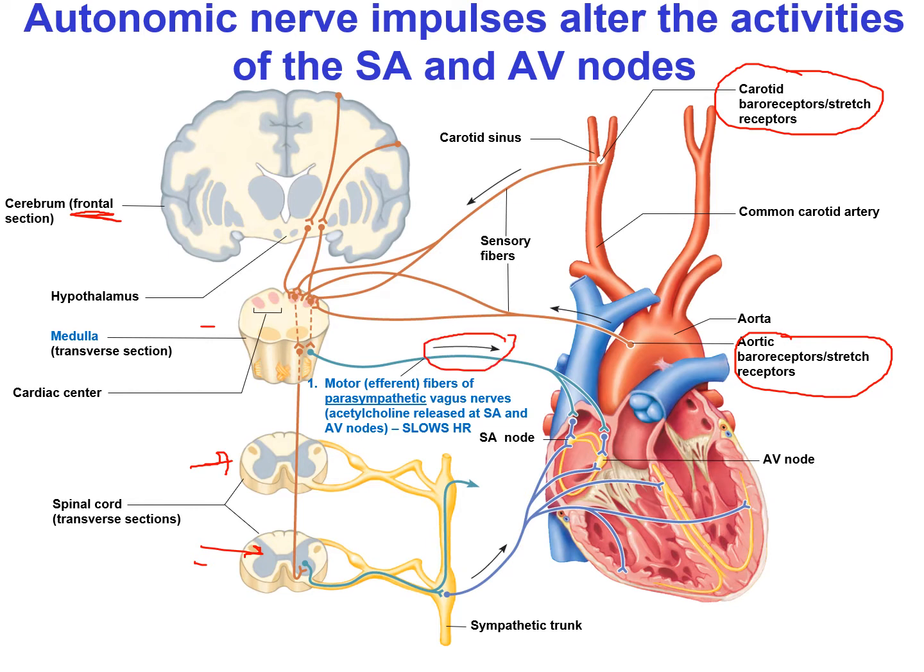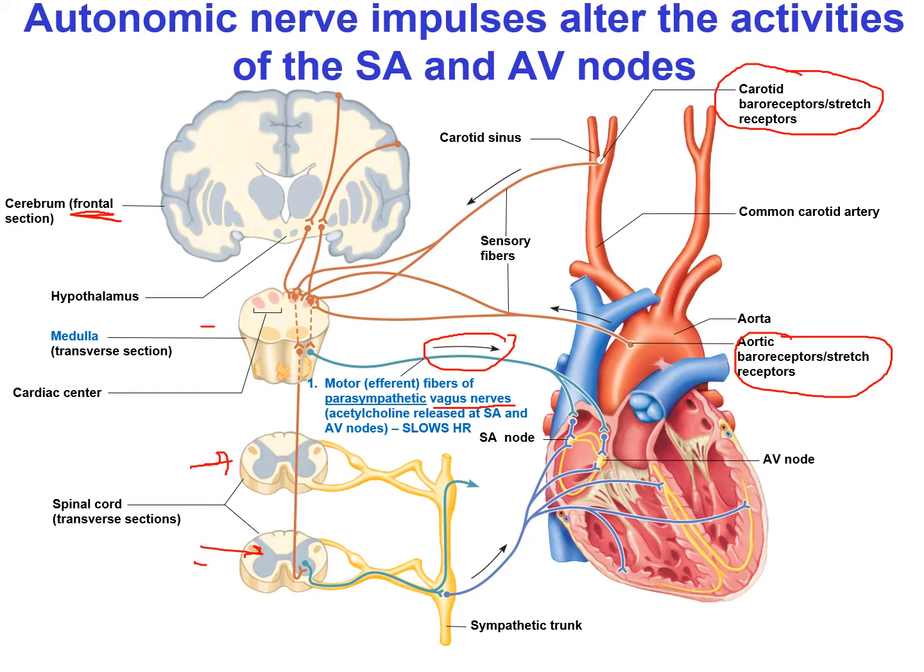And specifically, these efferent fibers have a name. These are parasympathetic fibers within what are called the vagus nerves. You'll be hearing more about vagus nerves coming up in A&P2. They're very, very important in lots of different ways. But one important role they play here is in actually slowing the heart down.